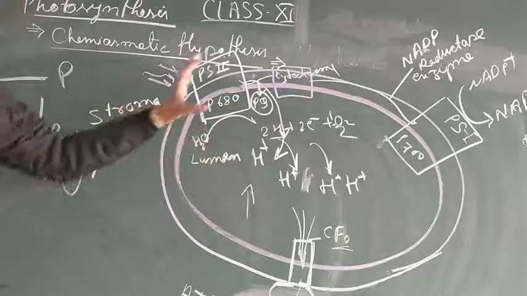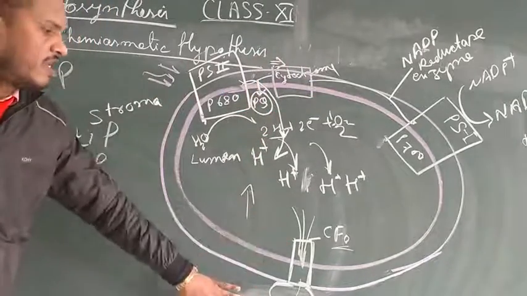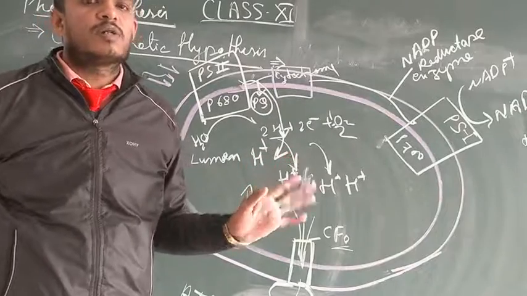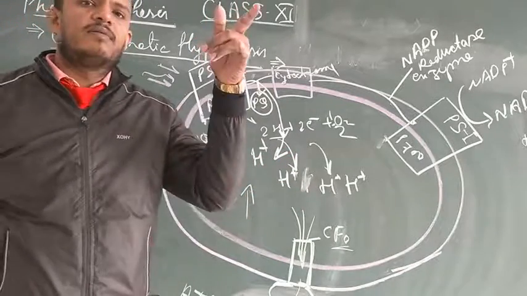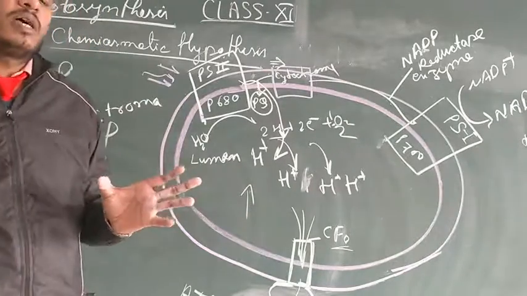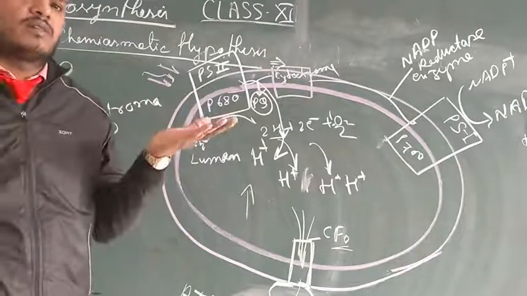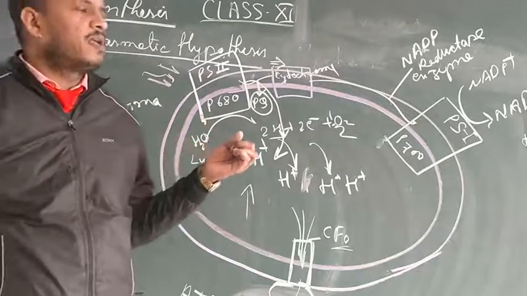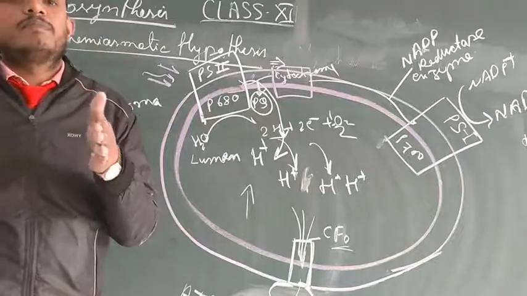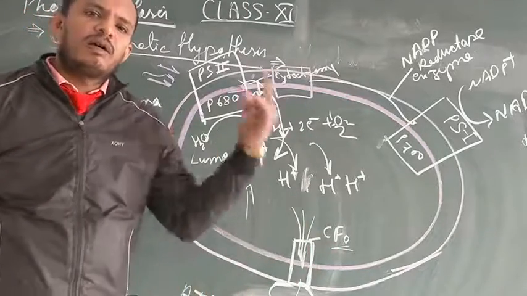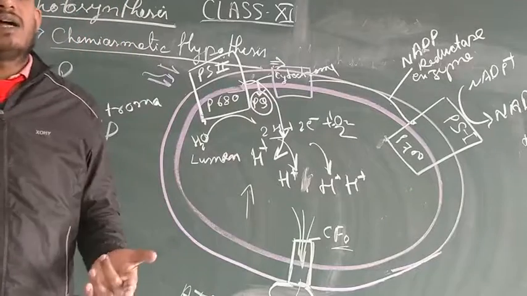I told you, in the case of cyclic there is formation of only ATP, no NADP. In the last class I told you that in cyclic photophosphorylation, when the electron gets excited after trapping the light, it does not transfer its energy, but the electron acceptor transfers it back to the light harvesting complex.